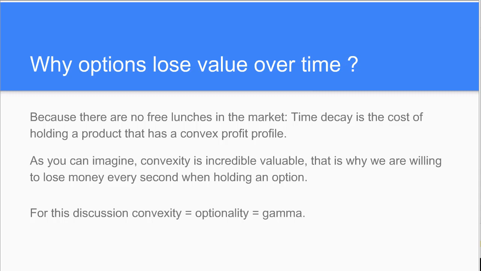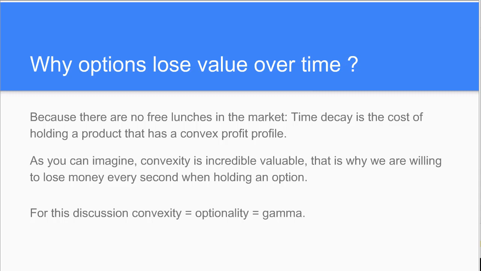It changes in a convex, non-linear manner. And that convexity is what causes time decay, because whoever is selling you the option is demanding time decay as they are assuming extra risk for that convex profile. So time decay is the price of convexity.